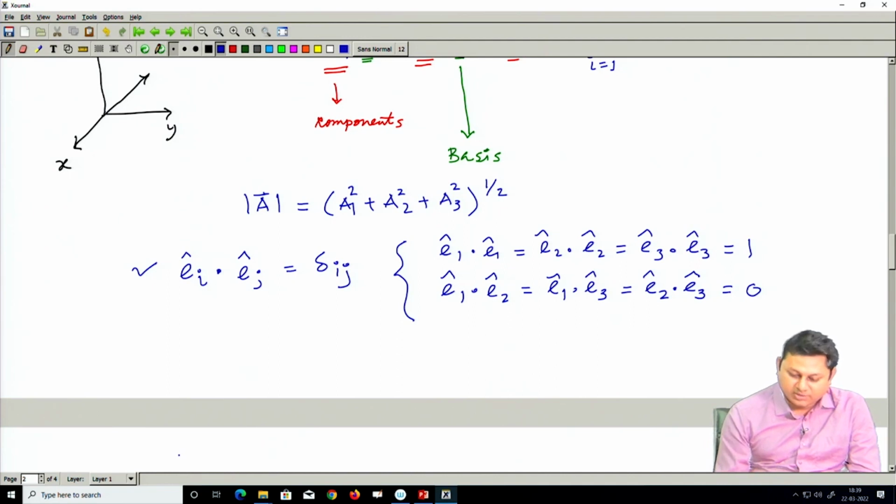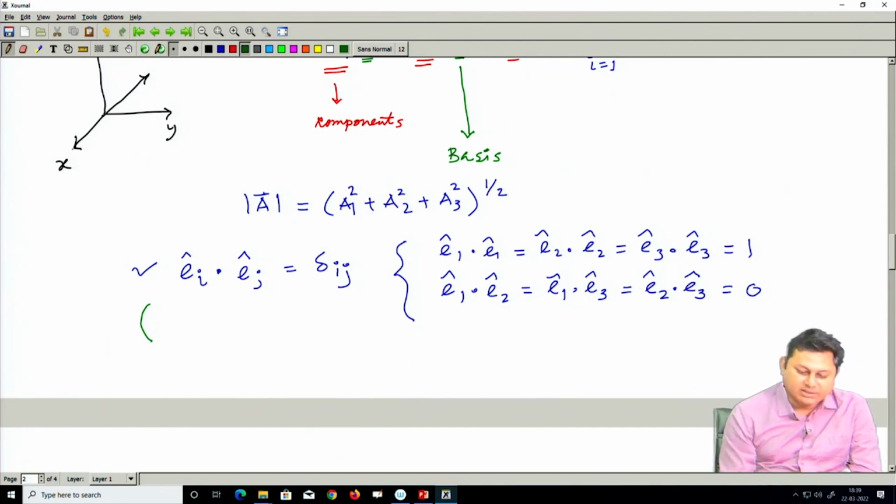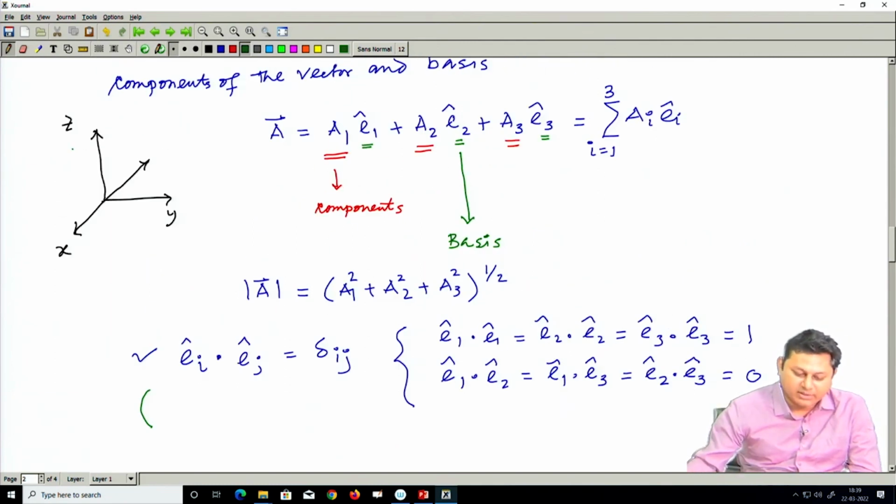Now, this is not always true that all the bases should follow this, but this is true if the basis follows a property called orthonormal. They are orthogonal, that means they are perpendicular to each other, like the way we have here in the Cartesian coordinate system.